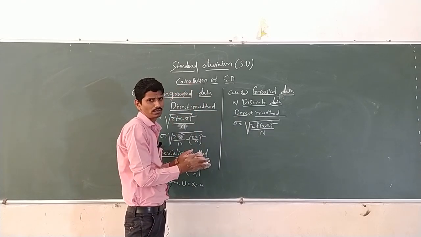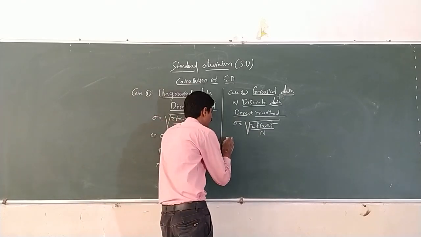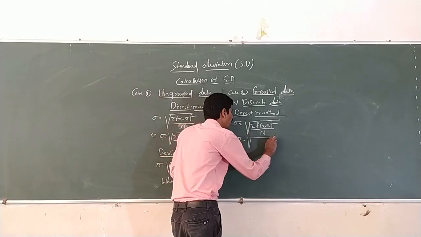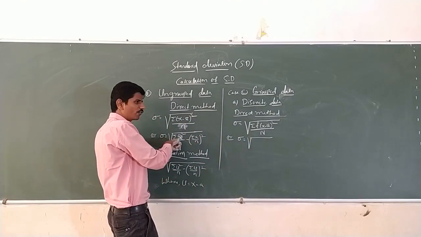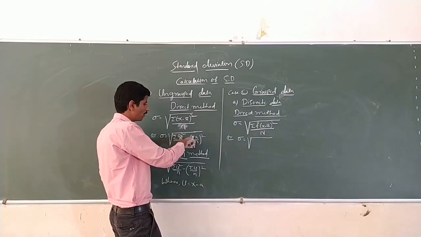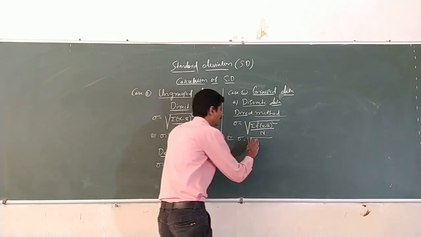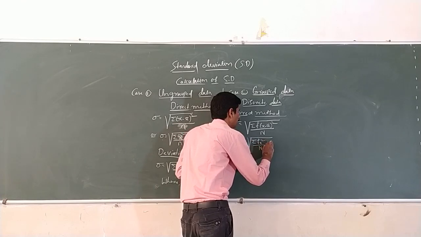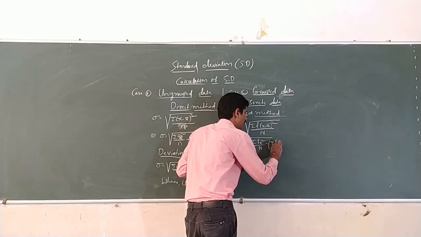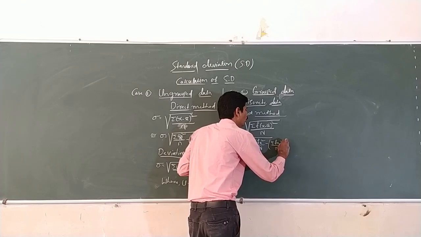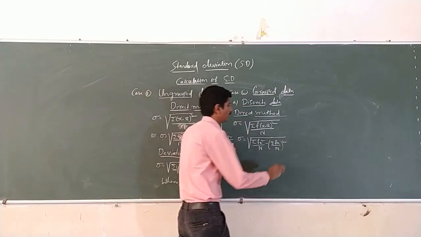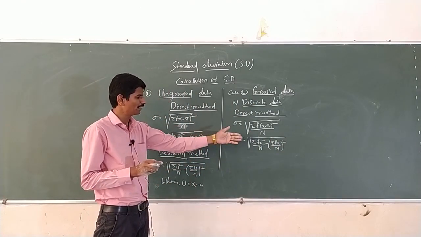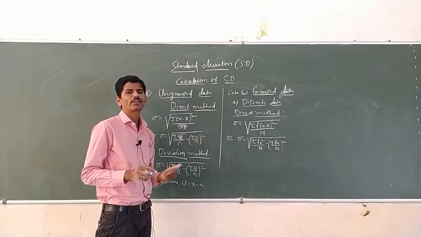Or another formula: sigma equals the square root of sum of fx square by capital N minus (sum of fx by capital N) whole square. Here we have to multiply frequencies.